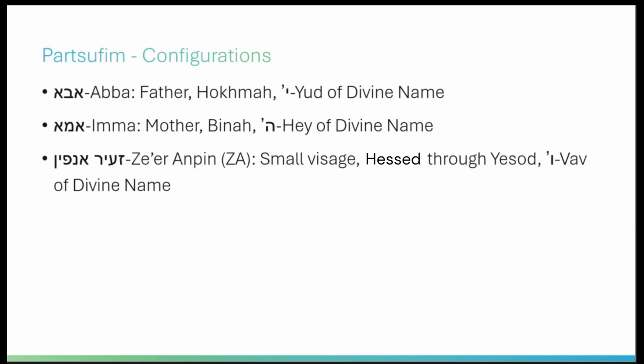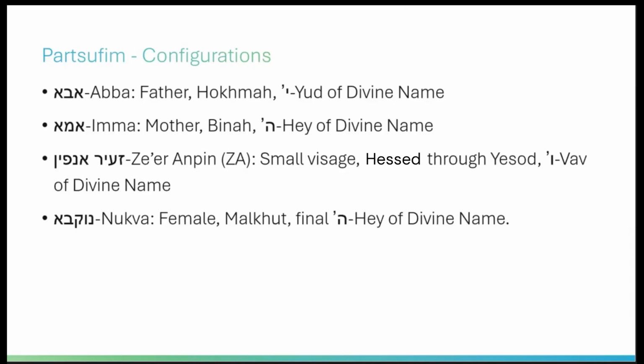The third Partzuf is called Ze'er Anpin. You remember before we had Arich Anpin, the large visage. This is the small visage. These are the Sefirot of Chesed through Yisod, actually six Sefirot, and they correlate to the letter Vav of God's name. This is considered the masculine to the feminine of the Nukva, which is Malchut.